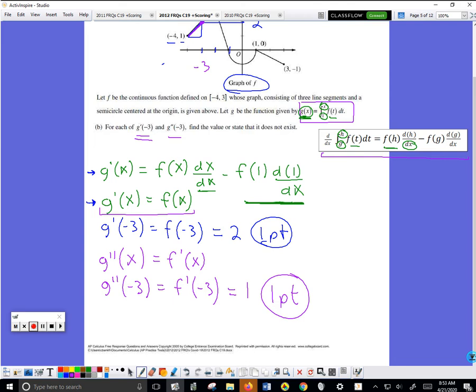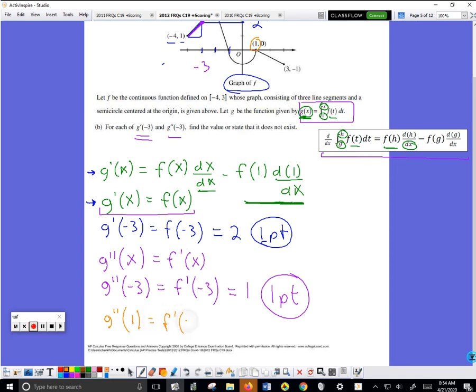The reason they said state that it does not exist is if they had asked us to find, say, g double prime of something like 1. G double prime of 1 would be the same thing as f prime of 1, and I have seen them do this on tests.